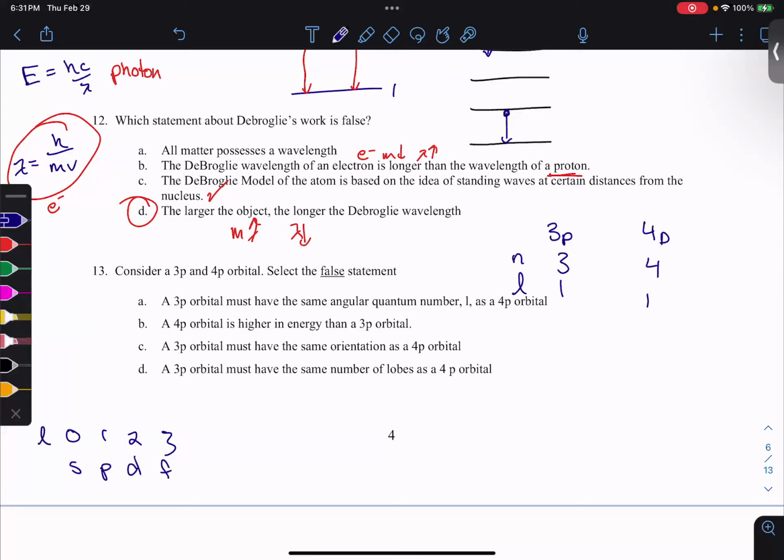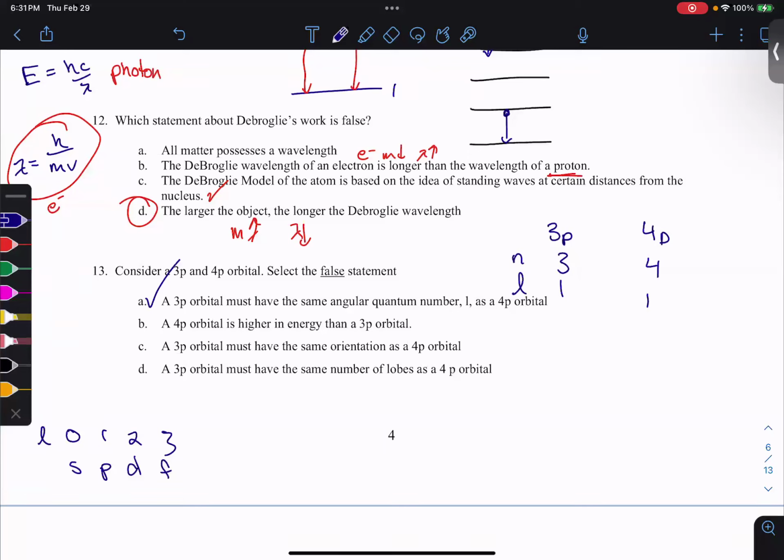That L quantum number is how many angular nodes each of those shapes has, or how many times you twist the balloon animal to get that shape. If you have a balloon and you twist it 0 times, you're still left with a spherical balloon. But if you twist a balloon once, you get a dumbbell. That's what a p orbital looks like, and so forth. So 3p, that is true.